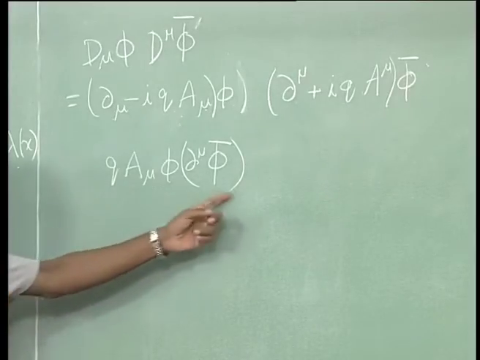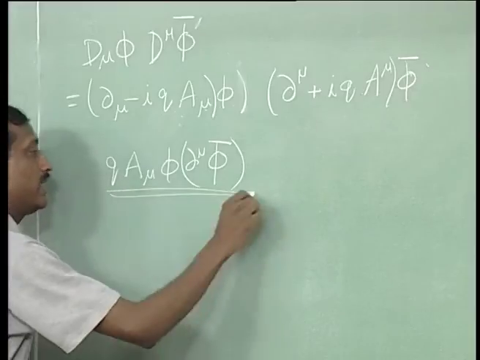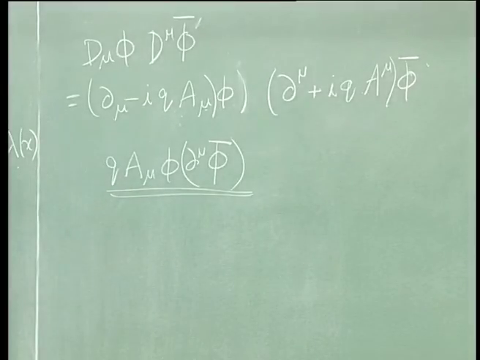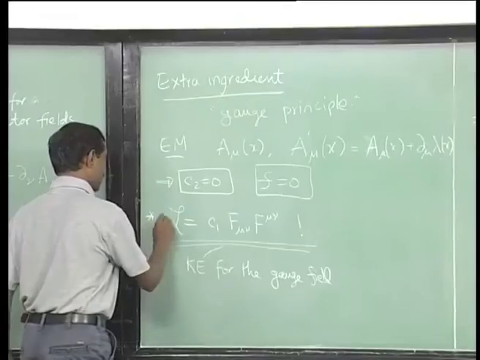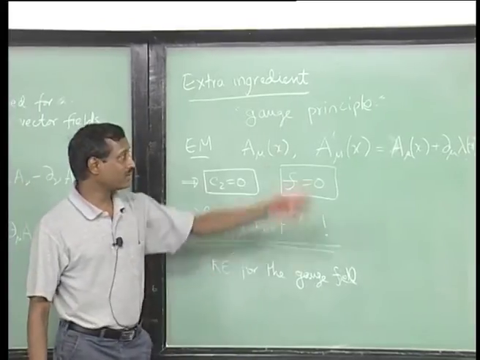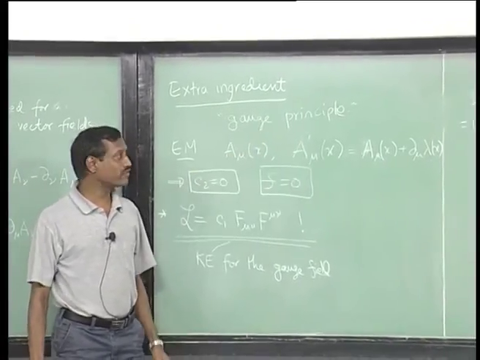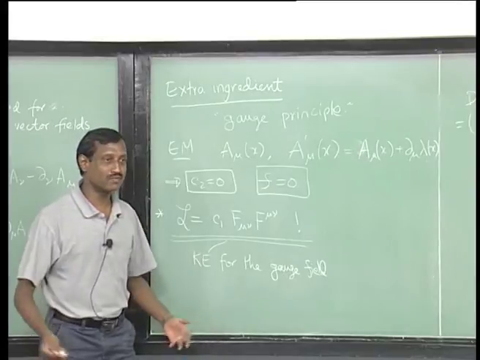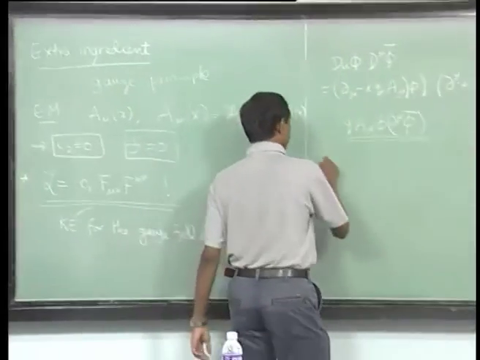Fine. So you can see that one part is the kinetic term, and this gauge principle tells you this, but it also does not let you freelance and write random things. It gives, so interactions are also built in.